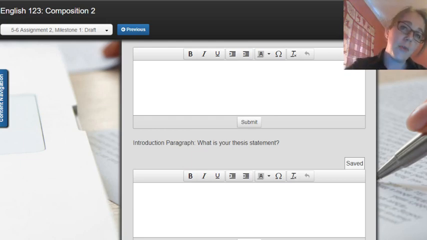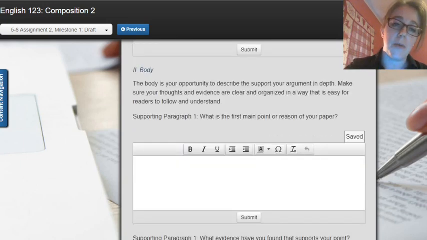So you want to type those in there and hit submit. But remember, when we download this into a Word document, you're going to want to open it up and reformat and actually combine these two answers into one stellar paragraph. Our introduction should be one paragraph. So when we download it, open it back up and connect those two into a really, really awesome introductory paragraph.